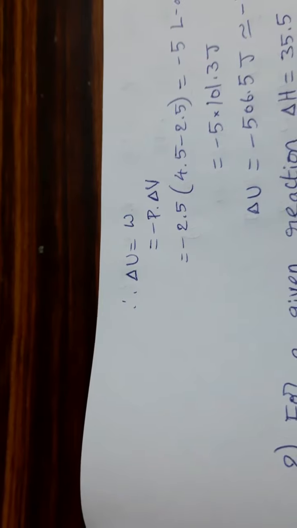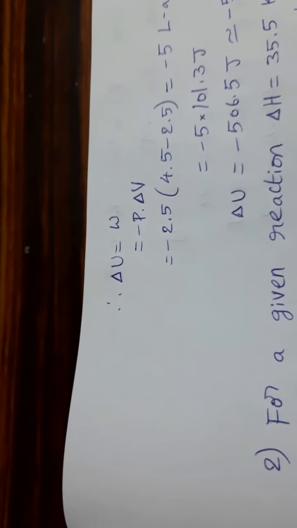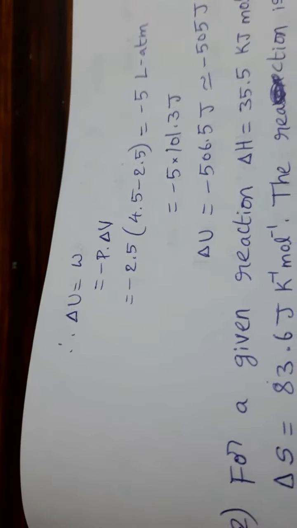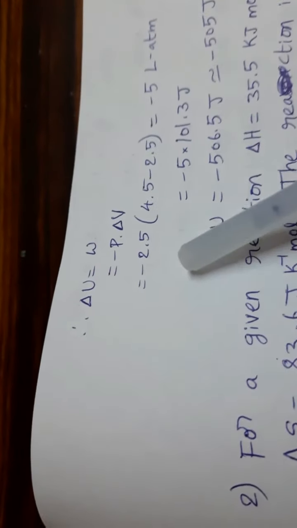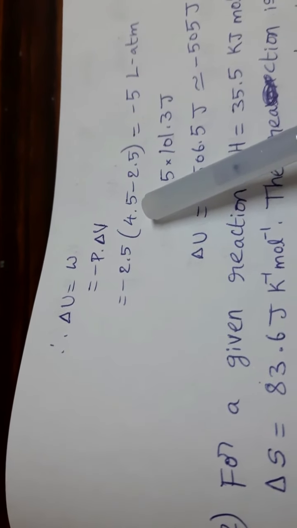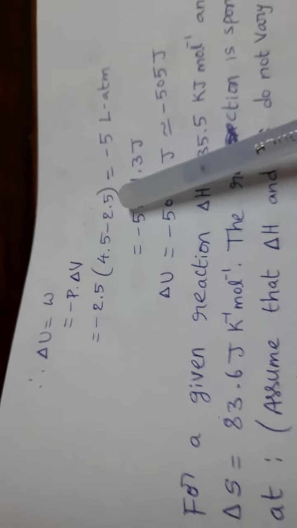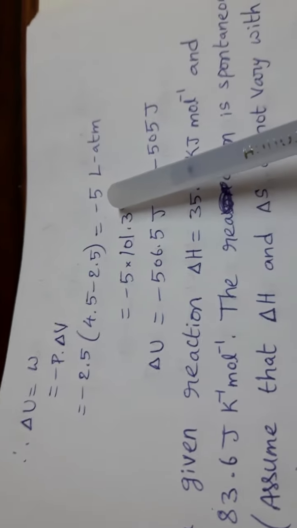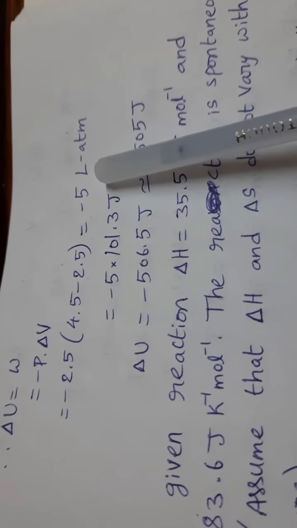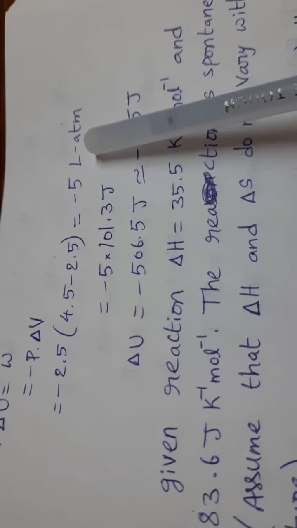W means work done. Formula: minus P into delta V. P means pressure, given here 2.5. Delta V, change in volume, is 4.5 liters final volume minus 2.5 liters initial volume. By doing calculation we get minus 5 liter atmosphere.